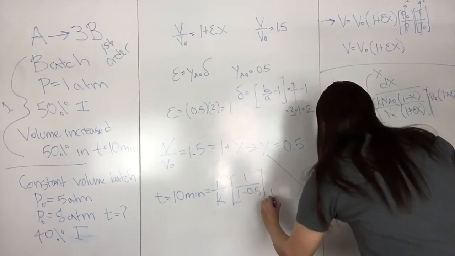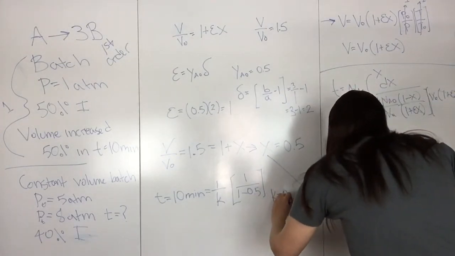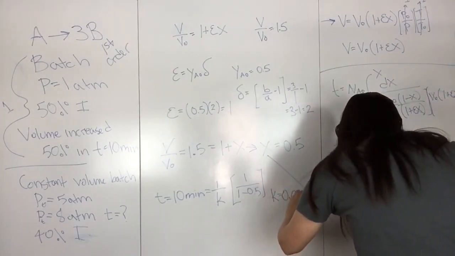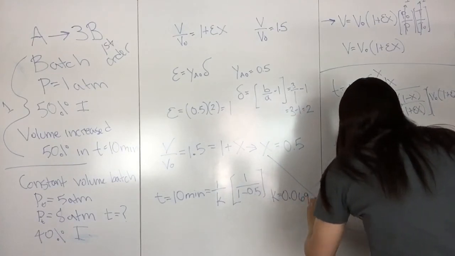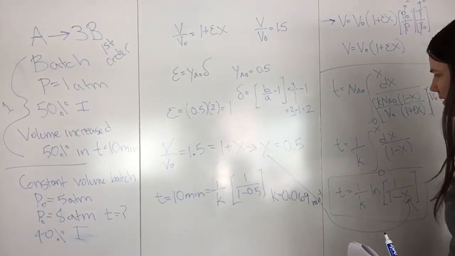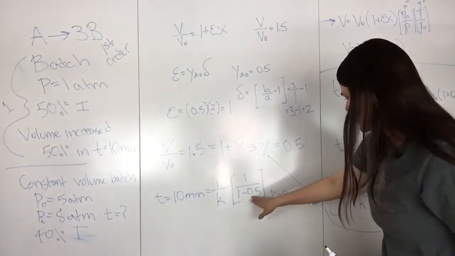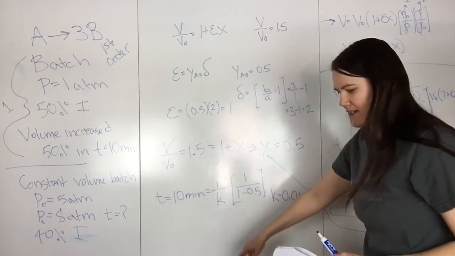And solving this, we get that K is equal to 0.069 per minute. I didn't write it down, but this is unitless, so you know that this has to be per minute.